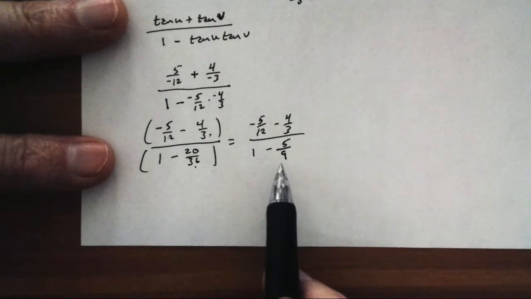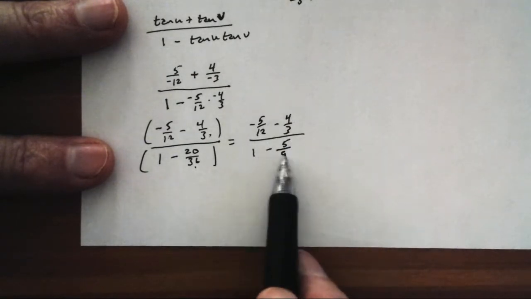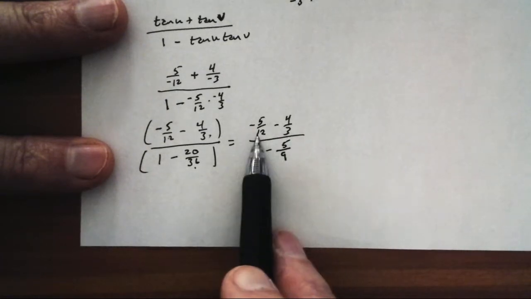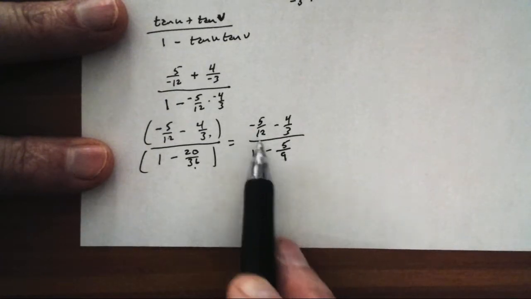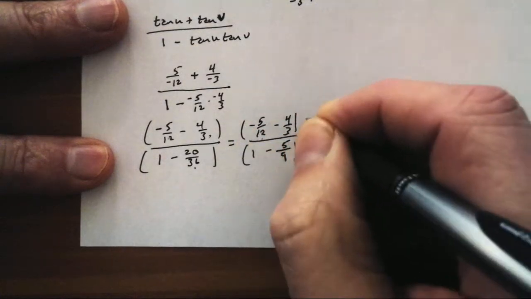Now, what's my least common denominator out of this, this, and this? Well, these would be 12. 12 and 9, they don't both go into 18. They won't, nope, it's 36. I'm going to multiply top and bottom by 36.